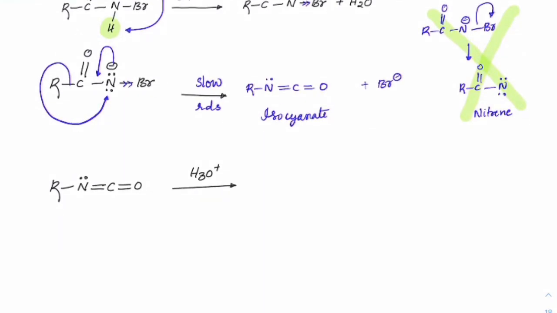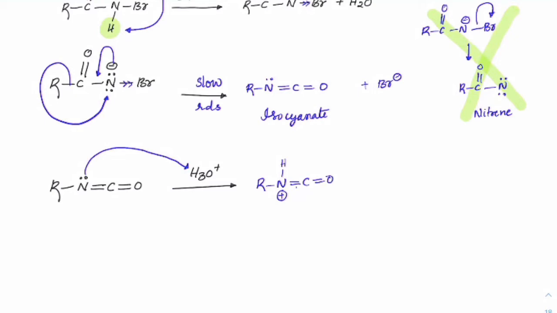Once you get an isocyanate, on hydrolysis it will remove carbon dioxide and give RNH2. See, the lone pair on nitrogen will extract this proton, and we will have RNH double bond C double bond O plus.